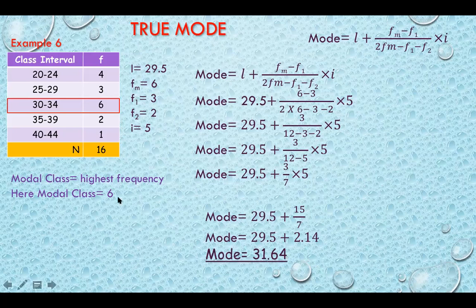This mode is in this range. If somehow there is a problem in your data or any other problem, and the mode does not fall in the class interval which you have declared the modal class, there is another formula to calculate the mode.